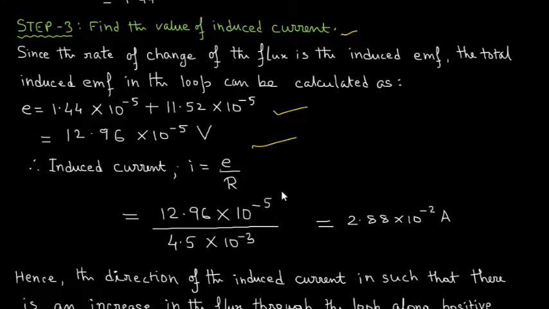Now induced current we can write I is equal to E upon R. Putting the value of E and R and upon solving we get 2.88 multiplied by 10 to the power minus 2 A.